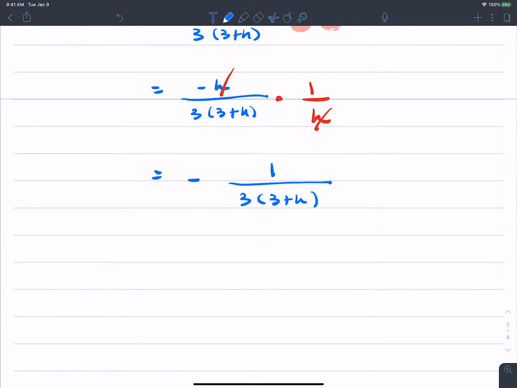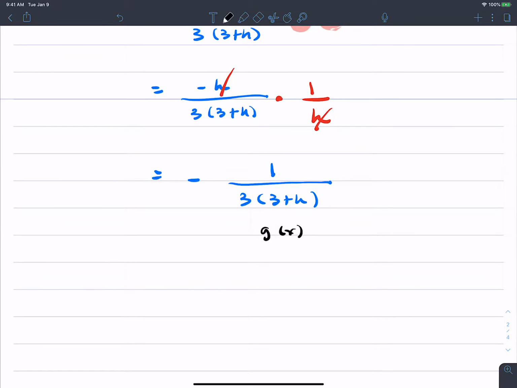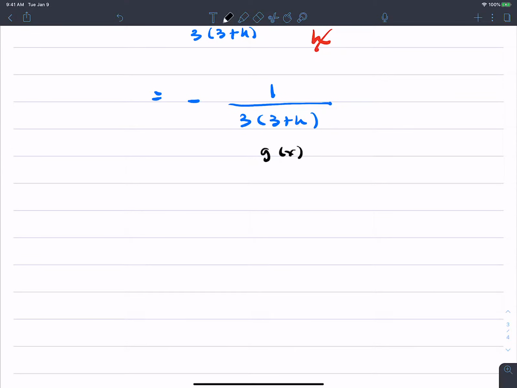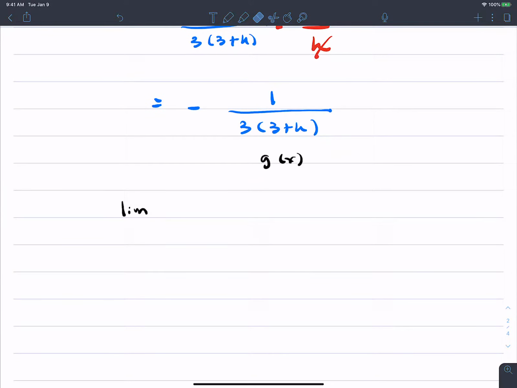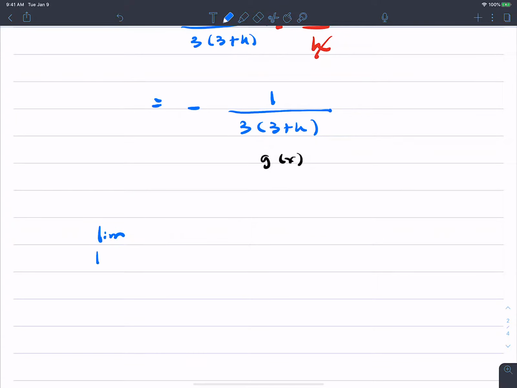Okay, so now this is that g function in the statement here. And so, we know that the limit of f is the same as the limit of g. So we're going to take this limit here as h goes to 0. Now I'm going to put the negative sign up here.